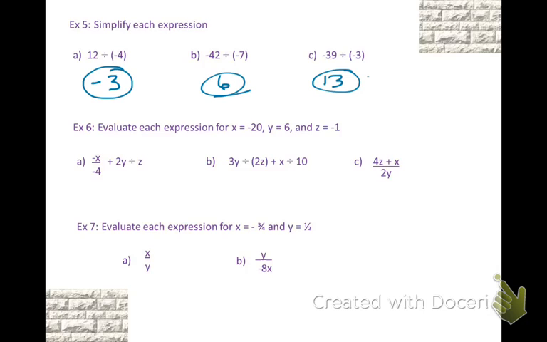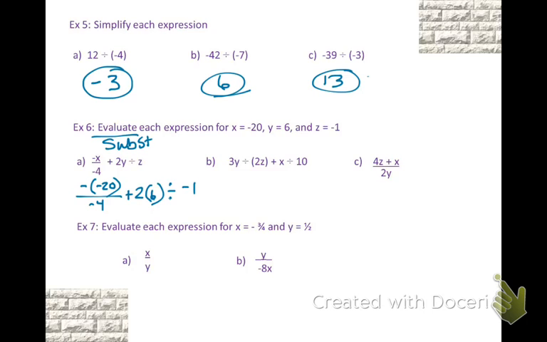Okay, example 6. Notice again we're going to substitute or evaluate. I'm going to plug them in. Remember I have these negatives on the outside. So it's going to be negative 20 over negative 4 plus 2 times y, which is 6, divided by z, which is negative 1.